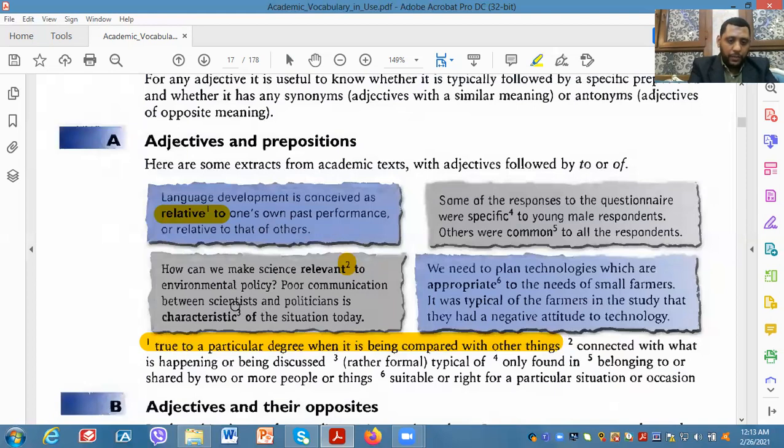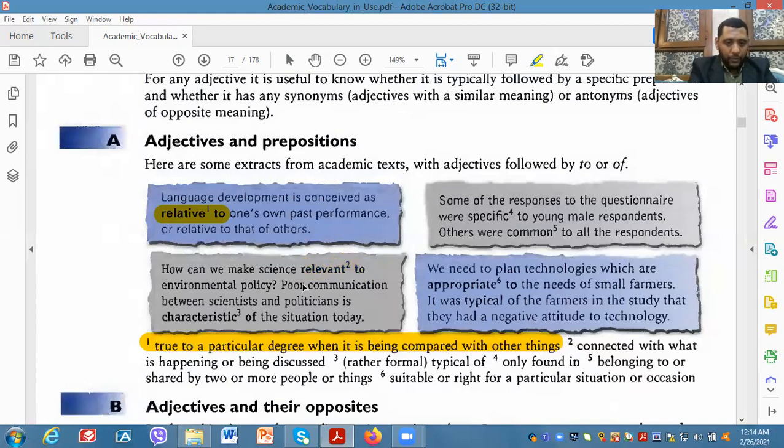Good communication between scientists and politicians is characteristic of the situation today. How can we make science relevant to? What we care about is the adjective and the preposition that comes after it.